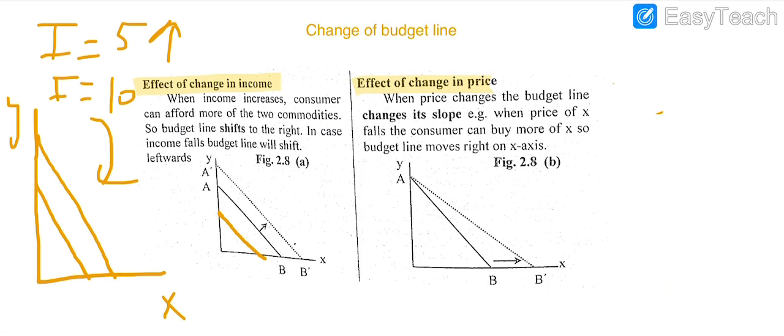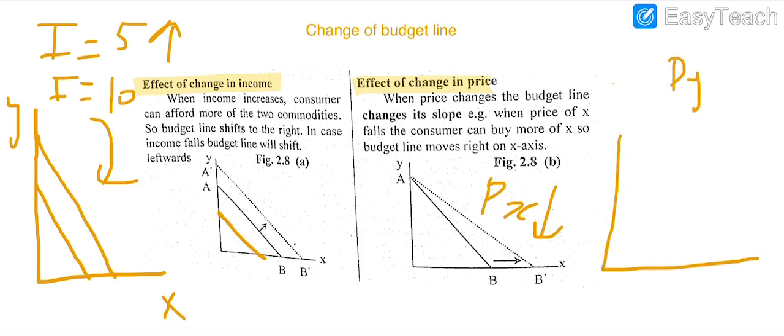You can see here, this is the case when PX falls. And what will be the case if the price of Y, PY, falls? It will be like this when PY falls. Actually, this is fixed, and when the price of Y falls, because X is fixed, the budget line will rotate like this. It will be the initial point.